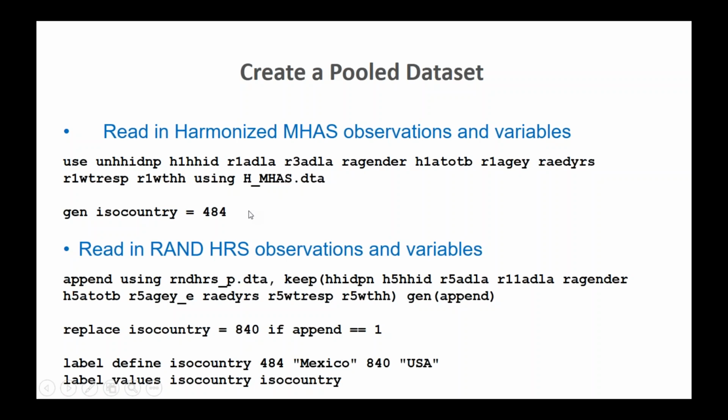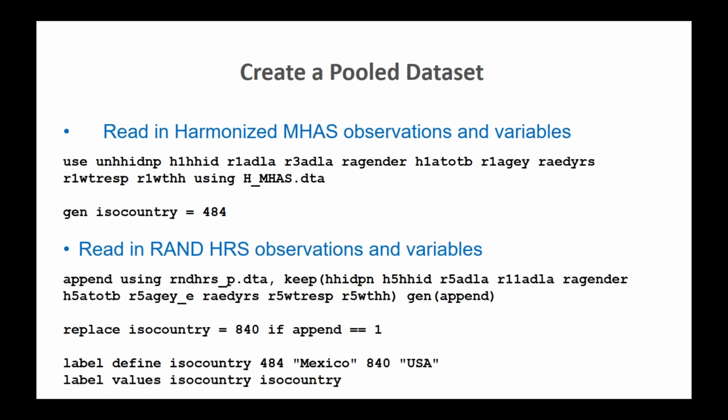And then we're going to generate a variable which will just tell us where these data are coming from. In this case, I'm using the 3-digit numeric ISO country code for Mexico, which is 484, just as a way to identify them. So all these observations which occur in the data set we know represent Mexico.